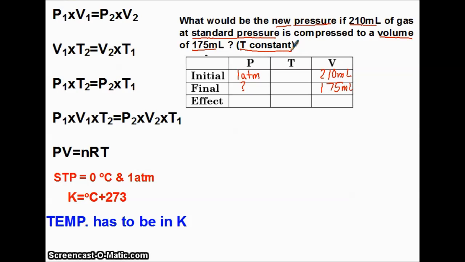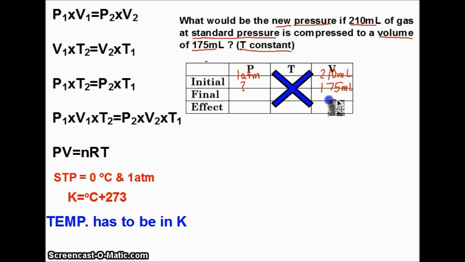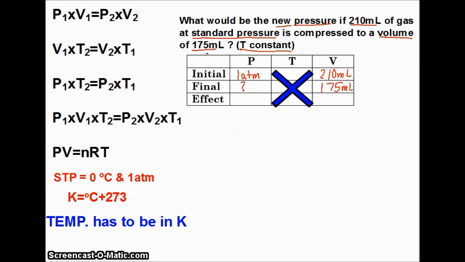This little bit of information is very helpful. Our temperature is going to remain constant, so we can just put a big X through that. We don't need to fill out that at all because none of that's going to change. So we don't have to worry about the temperature, which is good. Now let's fill out our effect box. The volume went down, so I'm just going to put an arrow down here.